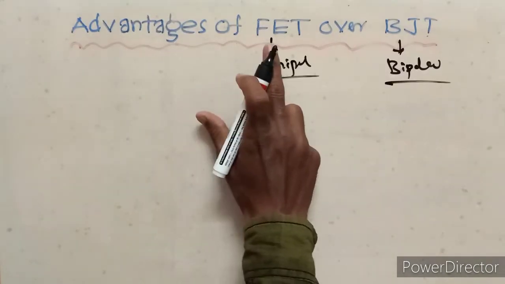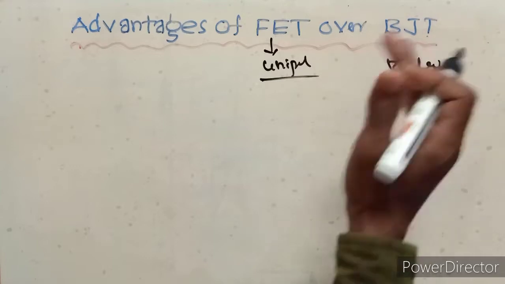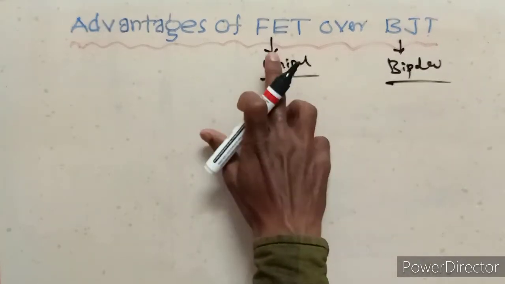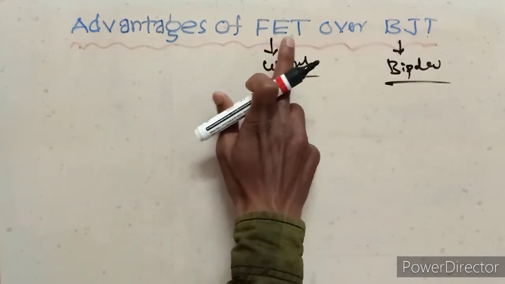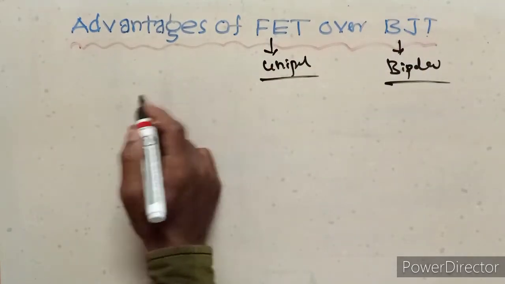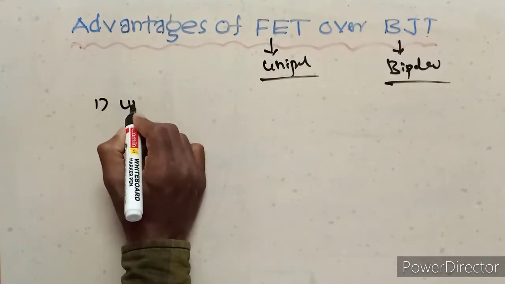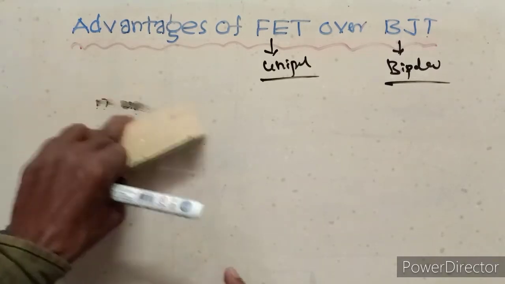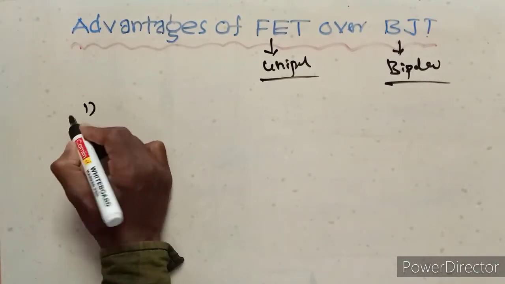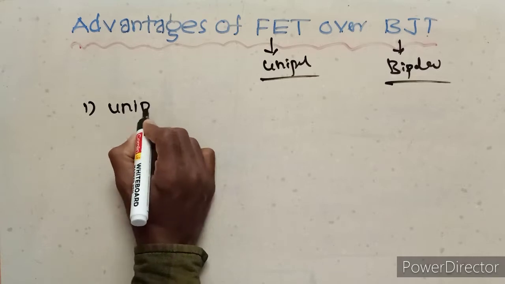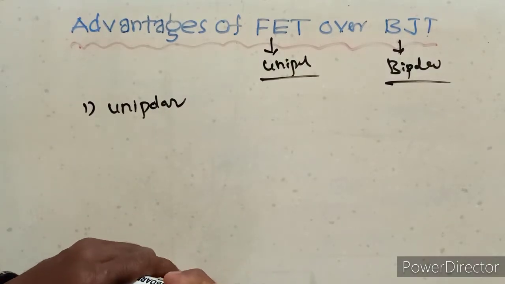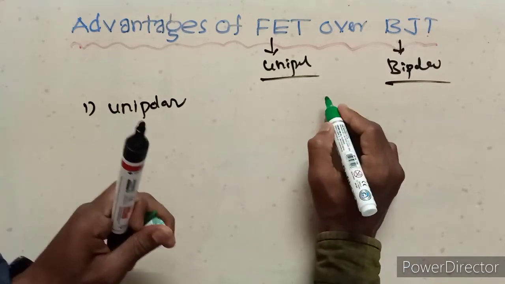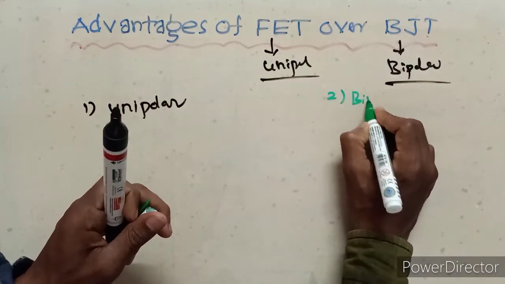So the advantages of FET over BJT, it means the differences between FET and BJT. First difference: this is the unipolar device, this is the bipolar device.